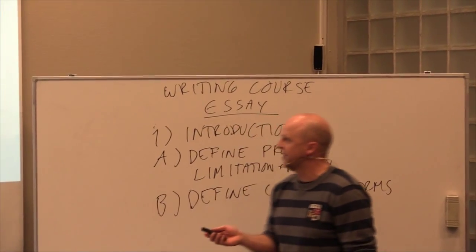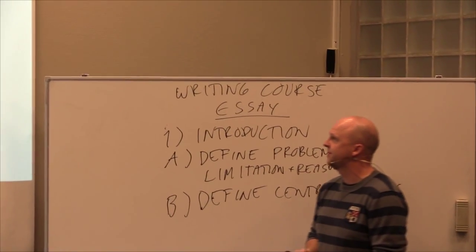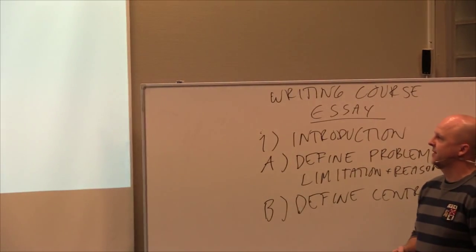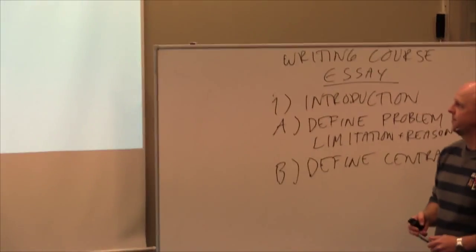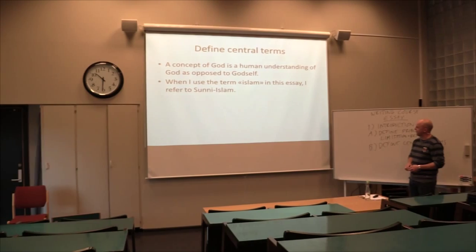Let's see, I have an example here on the blackboard on definition of central terms. For instance, with the previous assignment, if it was to compare concepts of God in Islam and Christianity, one could say, well, concept of God, that's a human understanding of God as opposed to God's self.